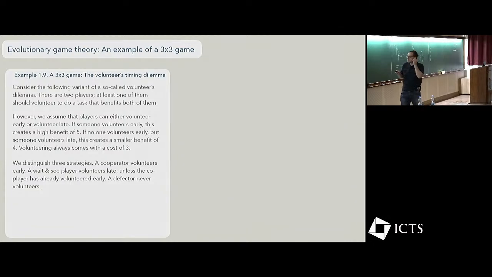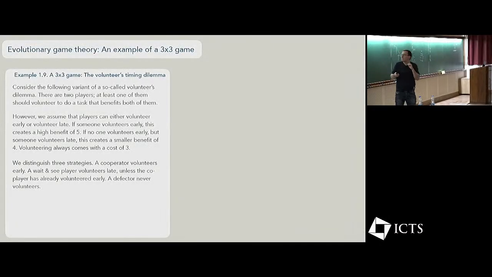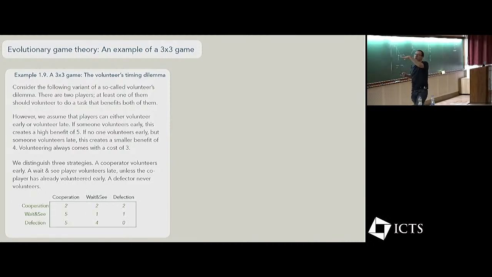Here we distinguish between 3 strategies: a cooperator would just clean immediately, a defector would just never clean. And the strategy wait and see is: I don't clean on the first day, and if you clean, I'm happy. But if you haven't cleaned on the first day, I will clean on the second day. If you plug in these payoff values, this is how the payoff matrix looks.